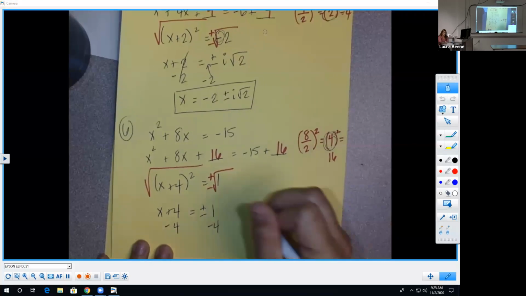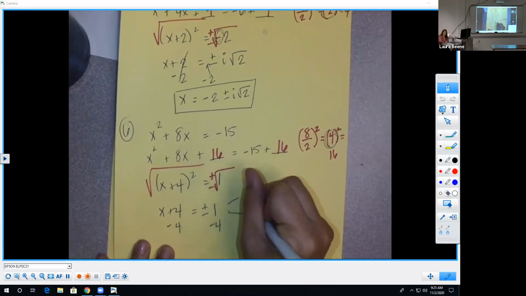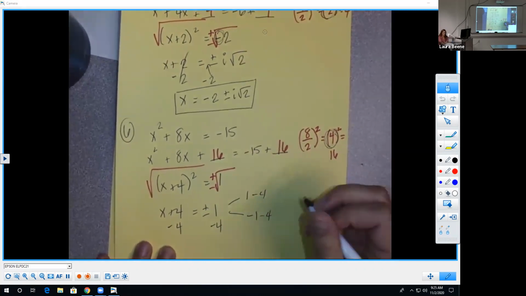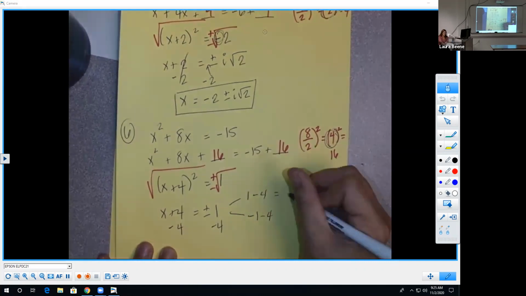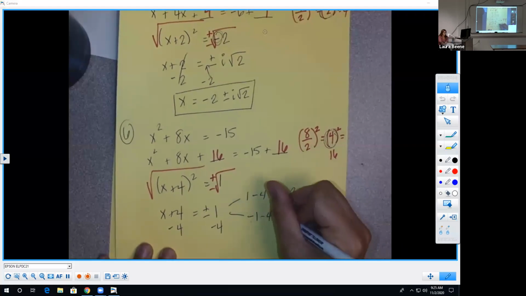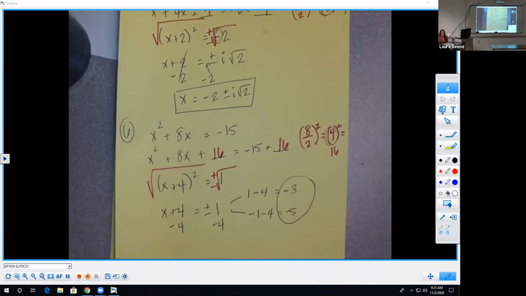So this is like two problems. This is like +1 minus 4 and -1 minus 4, right? Because plus or minus 1 means +1, -1. +1 minus 4 is -3. -1 minus 4 is -5. And those are your answers.